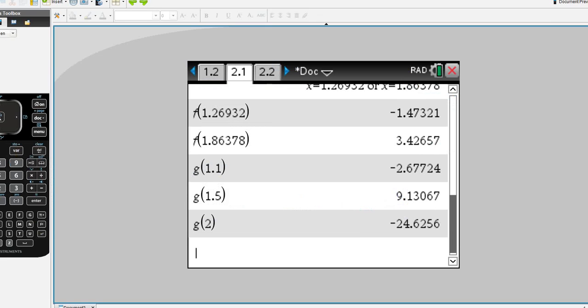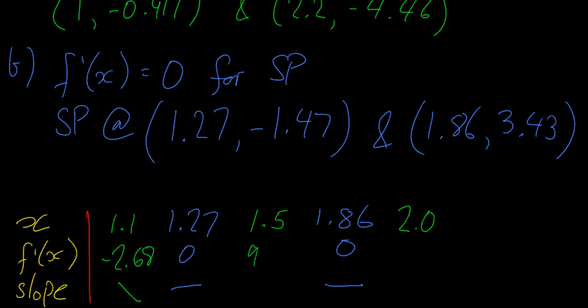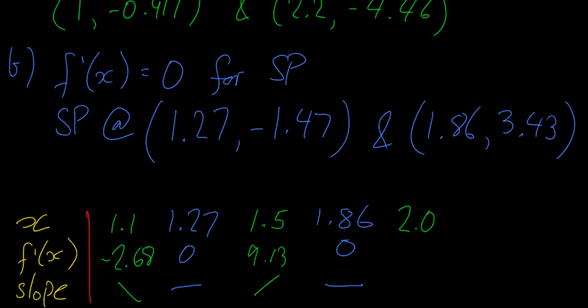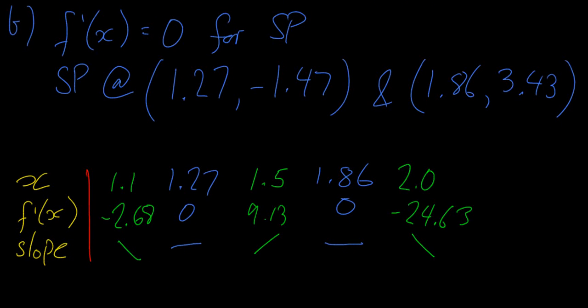So negative slope, 1.5 is positive, so we have 9.13. Positive slope, and negative 24.63. And this is negative.